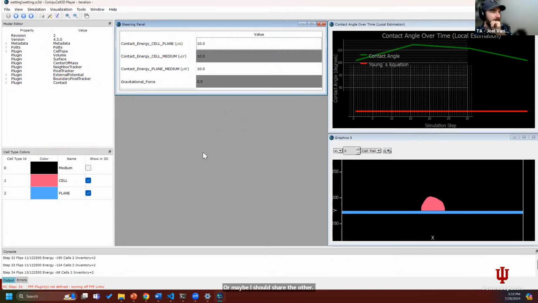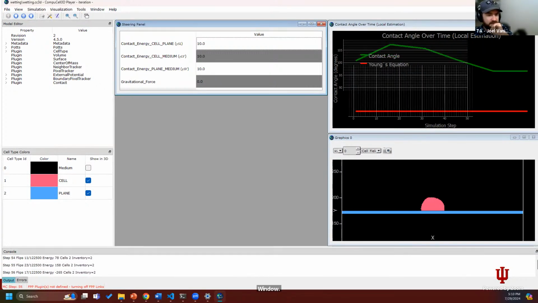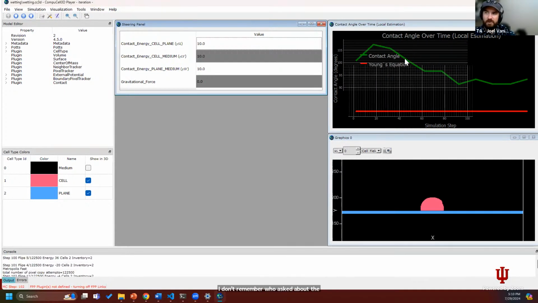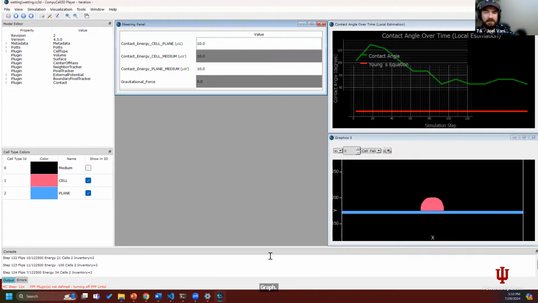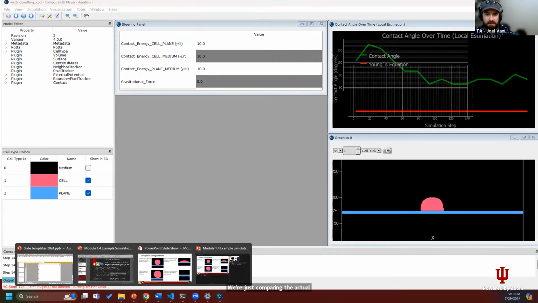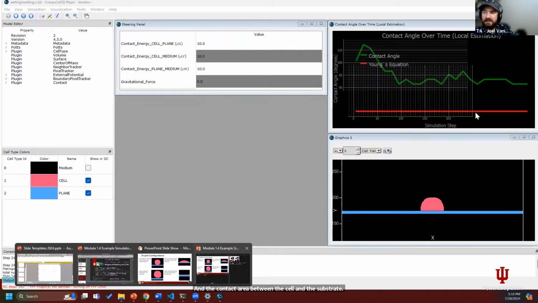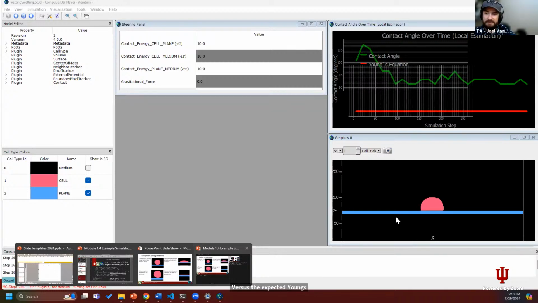So here, I don't remember who asked about the graph. We're just comparing the actual contact angle we are calculating, given the height and the contact area between the cell and the substrate, versus the expected Young's equation result. So we're trying to see what is the difference between the two.